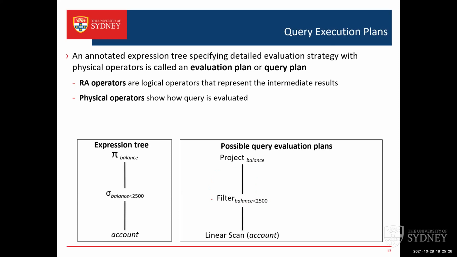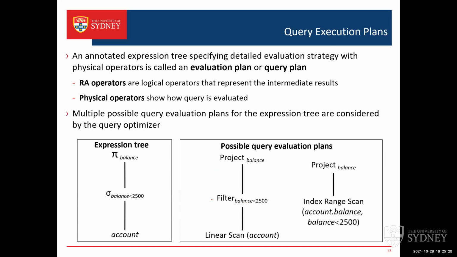This could be one, or let's say we have access to an index. So we are looking into balance and we already have an index created based on balance. If that is the case, we definitely can use an index scan, right? This one is a range query, so an index range scan we can use, and there we can pass all of this. And based on that, we can simply project. So here we have two plans, right?